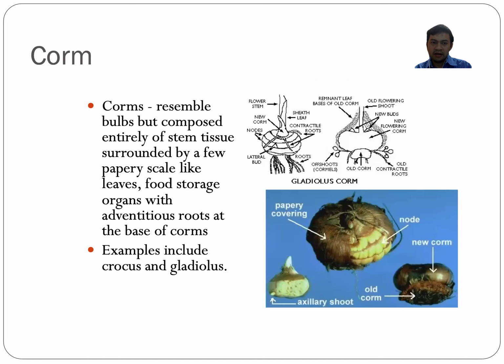And the next one is the corm. Corms resemble bulbs but are composed entirely of stem tissue, surrounded by a few papery scale-like leaves, food storage organs with adventitious roots at the base of the corms. Examples include crocus and also gladiolus.